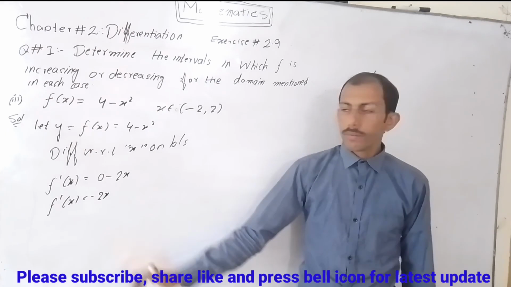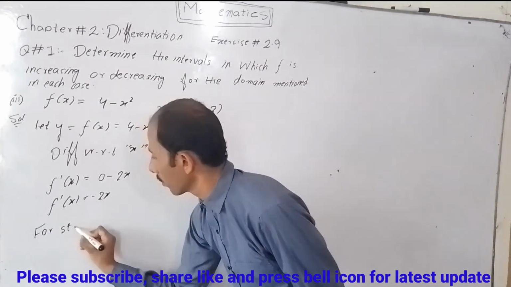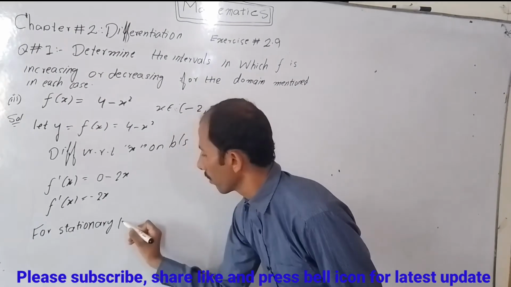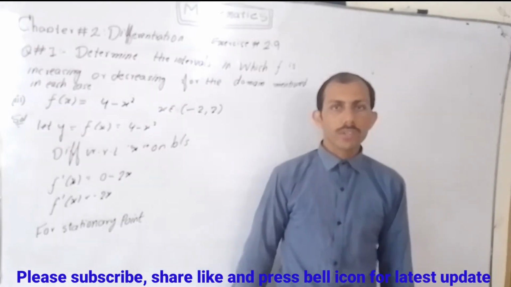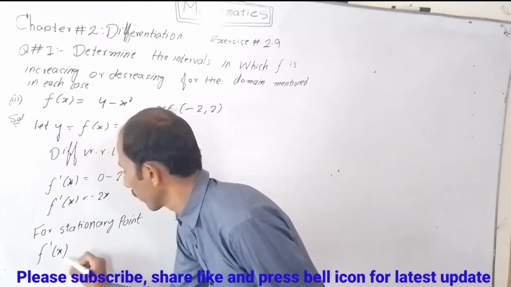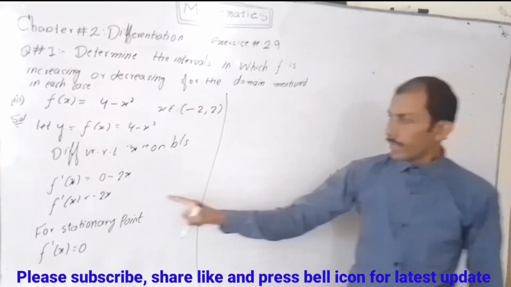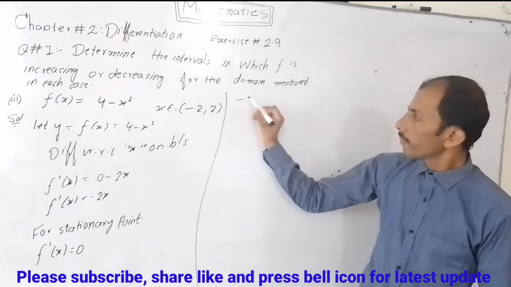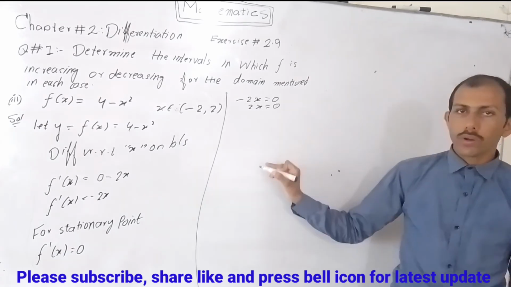For a stationary point, f prime of x is equal to 0, so minus 2x is equal to 0. 2x is equal to 0.